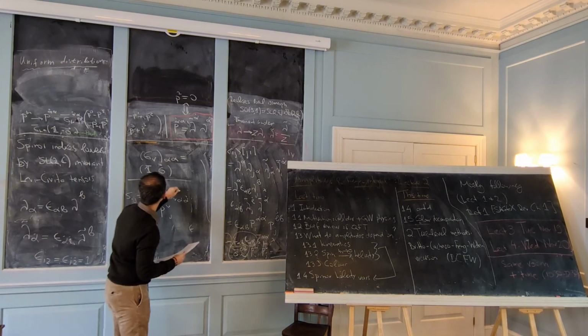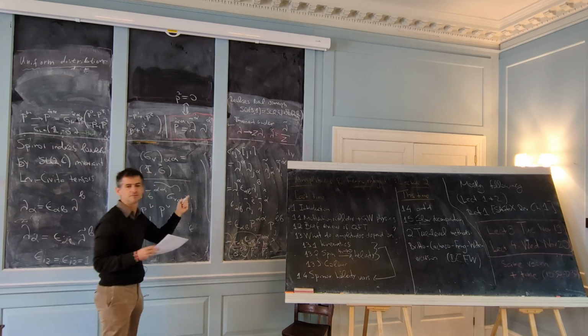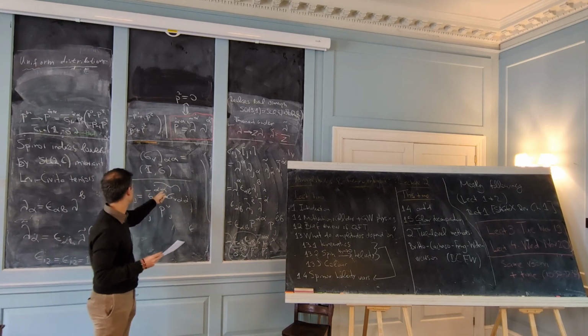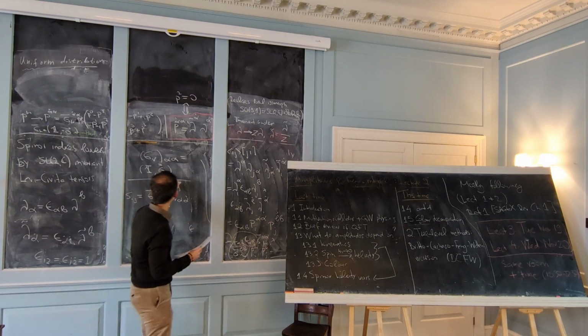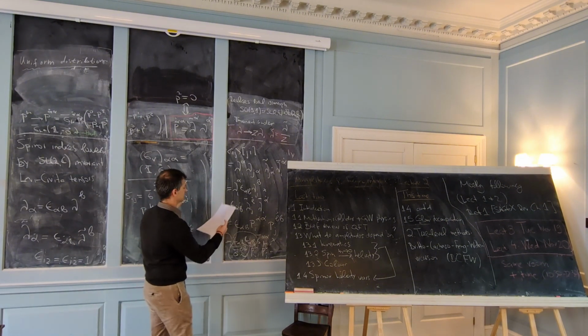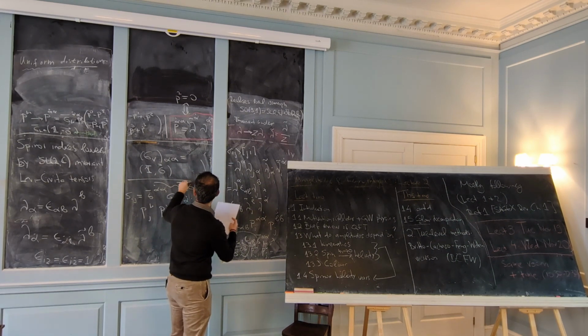So the fact that we are contracting the two indices means that we are multiplying the two matrices, rightmost index to the first index, and then summing over these is the trace. So this is the trace of σ̄^μ σ^ν.